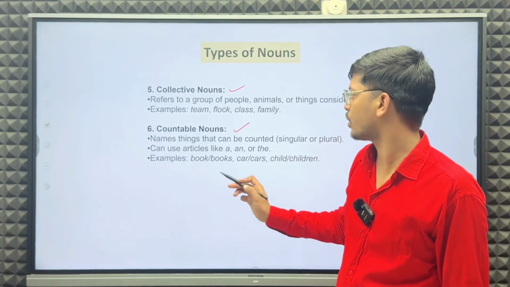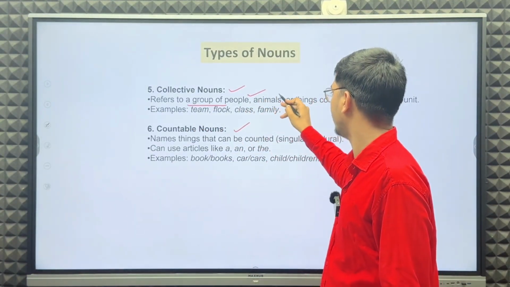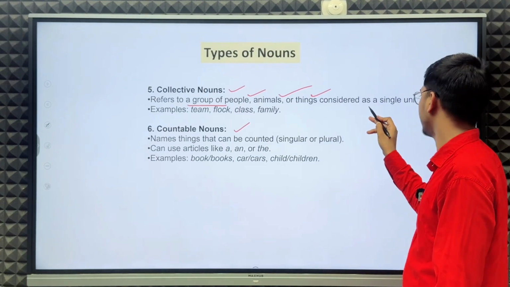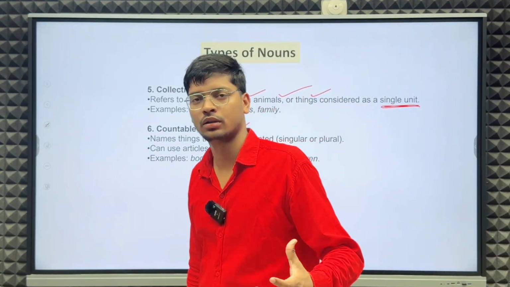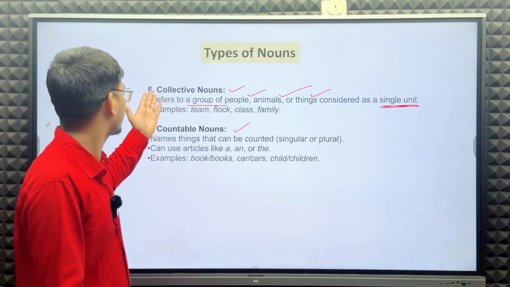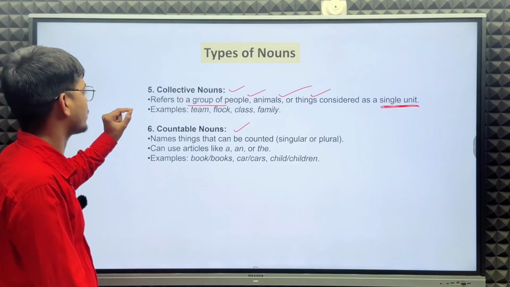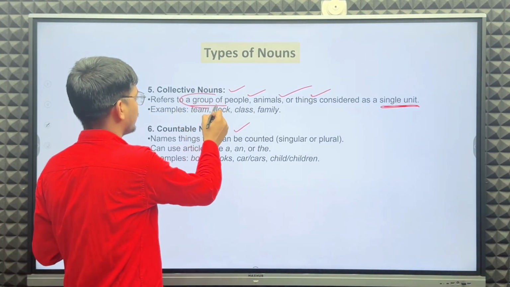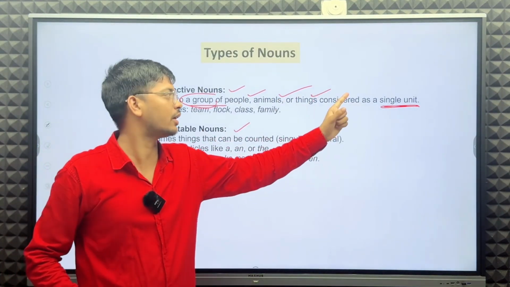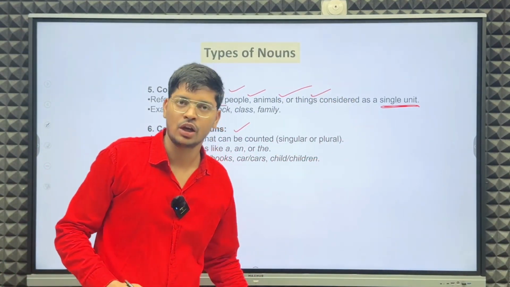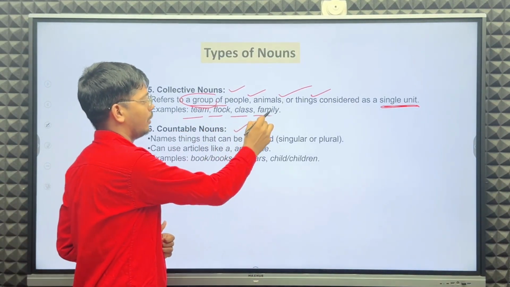Collective nouns refer to a group of people, animals or things considered as a single unit. For example, team, flock, class, family.